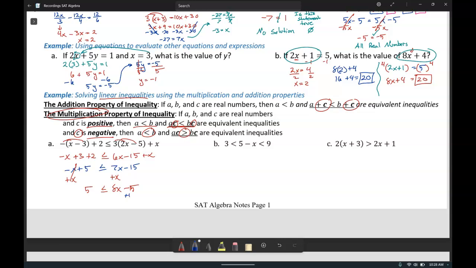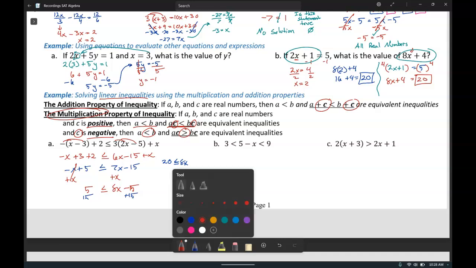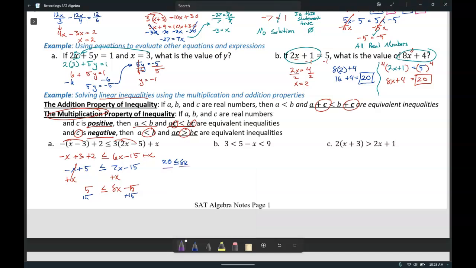And then we can go ahead and add 15 to both sides. So we have 20 is less than or equal to 8x. All right. Now we're going to divide both sides by 8. And we're left with 20 over 8, which reduces down to 5 halves, or 5/2 is less than or equal to x.